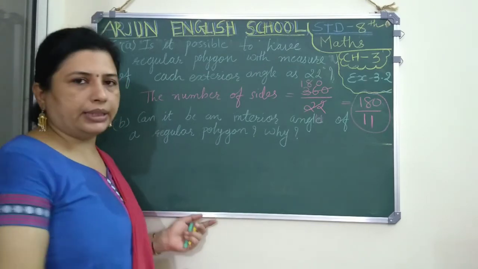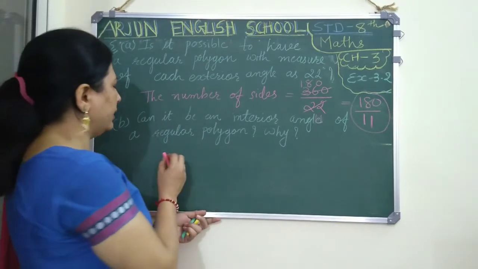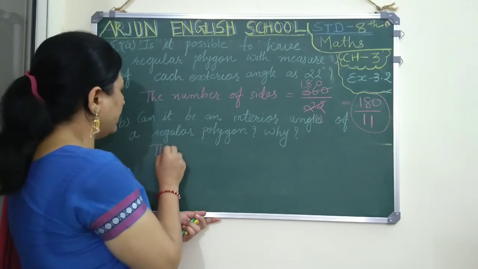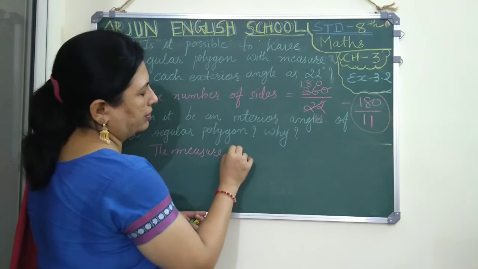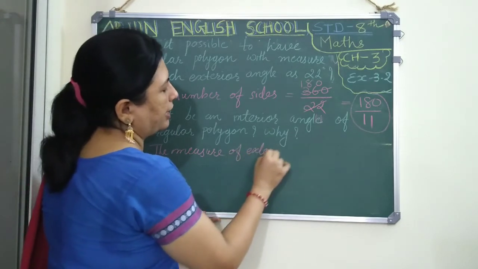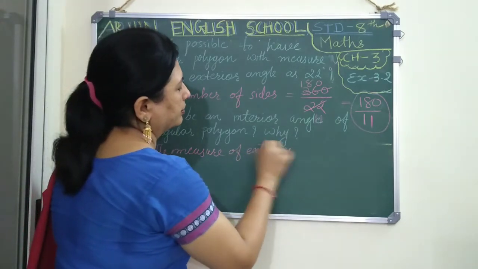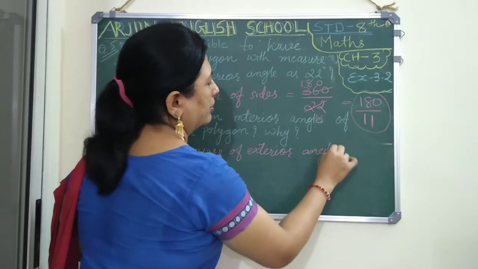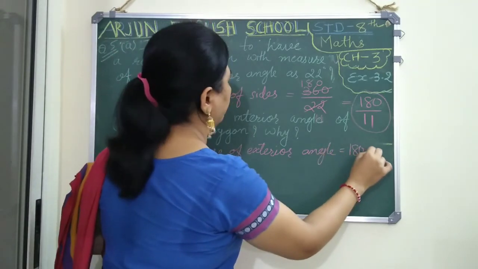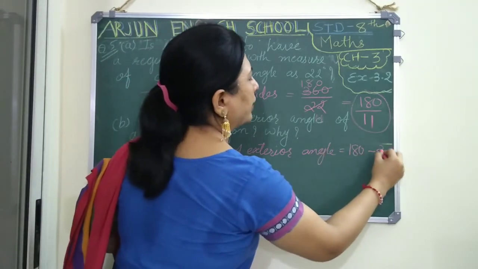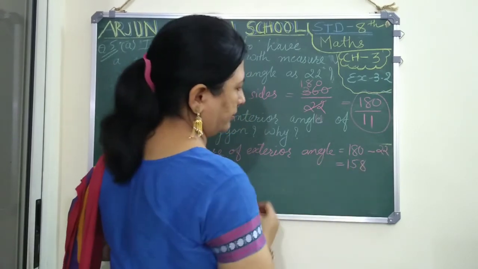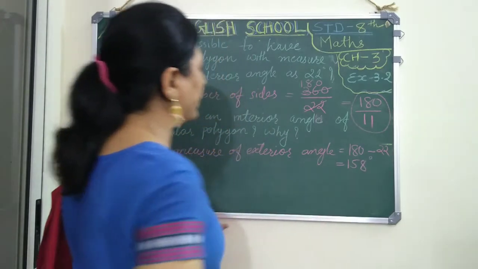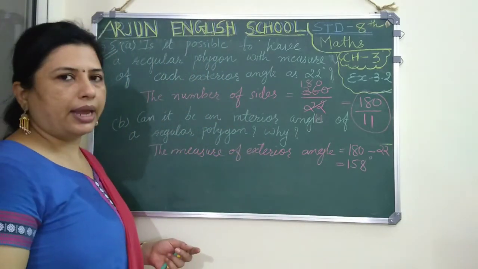If 22 is interior angle, then the measure of exterior angle is equal to 180 minus 22, that is 158. 158 degree is its exterior angle.